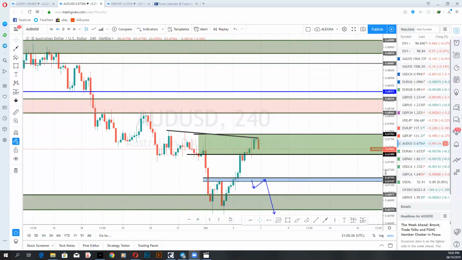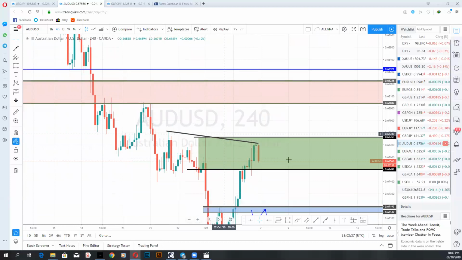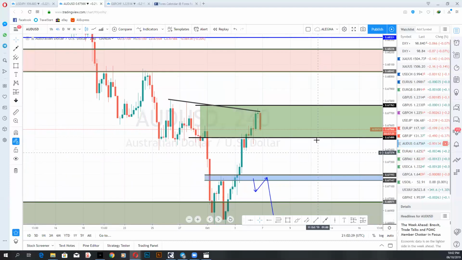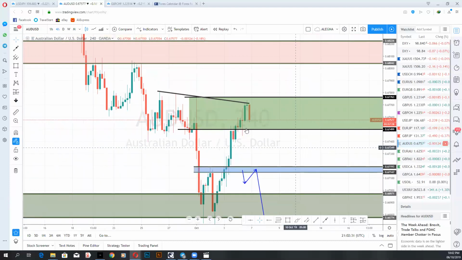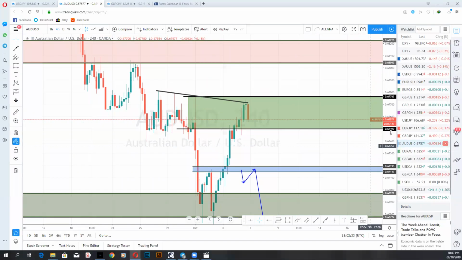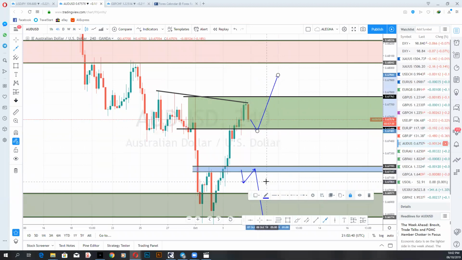As you can see already, the market is reacting to this trend line. So the storyline here is this: if they don't close back below 67.49, then there is a potential that the price might do this. But if they close back below here, then you might see something like this to the downside. So that is it for this pair.